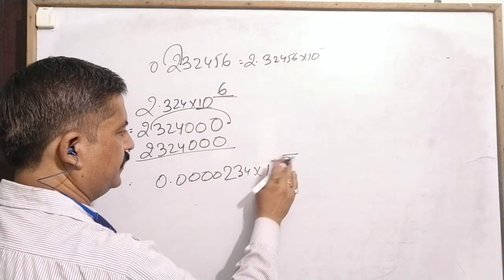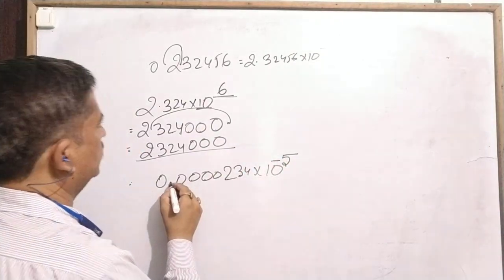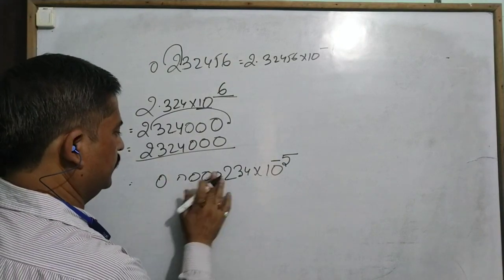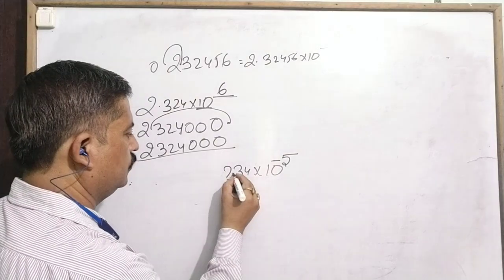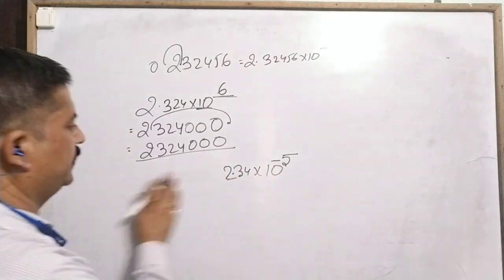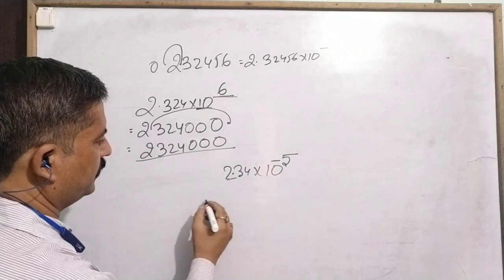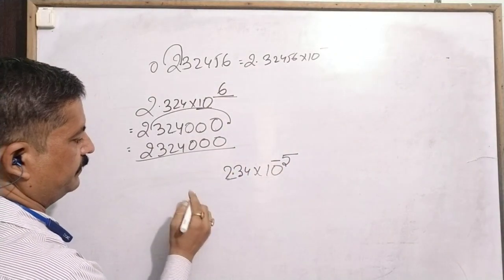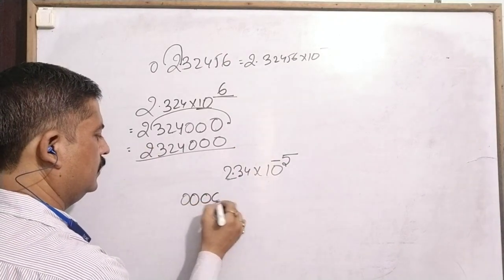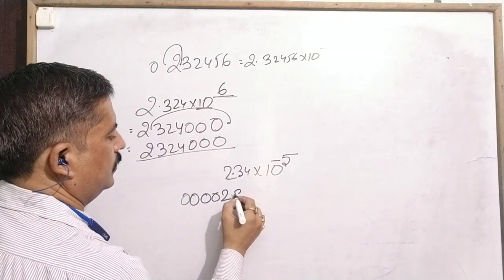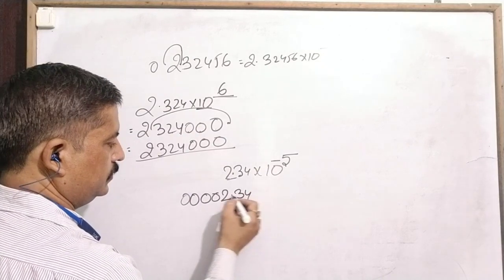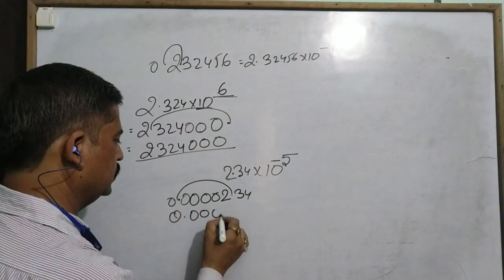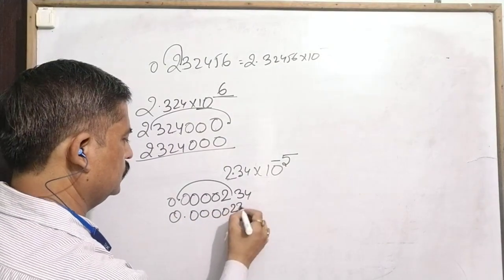The change is that the decimal was here. No, that's not the standard form. The standard form is 2.34 into 10 power minus 5. So to change from standard form, with minus 5, the 4 digits go back, and the number becomes 0.0000234.